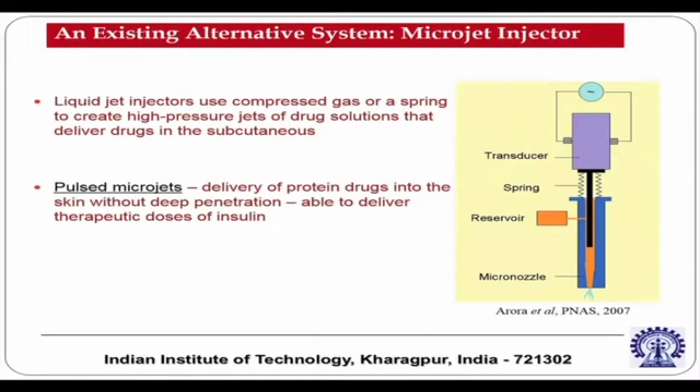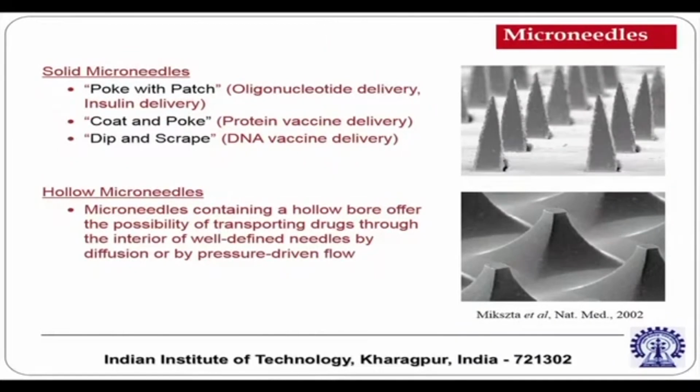In pulsed microjets it is possible to deliver protein drugs into the skin without deep penetration, and one is able to deliver therapeutic doses of insulin. There are microneedles available, with solid microneedles in different technologies, and hollow needles, where microneedles containing hollow bores offer the possibility of transporting drugs through the interior of well defined needles by diffusion or pressure driven flow.